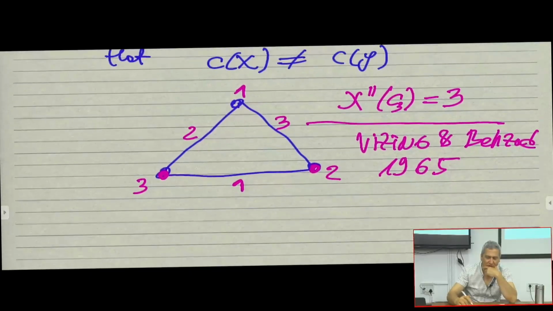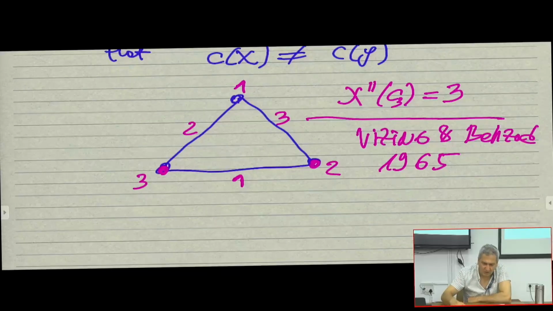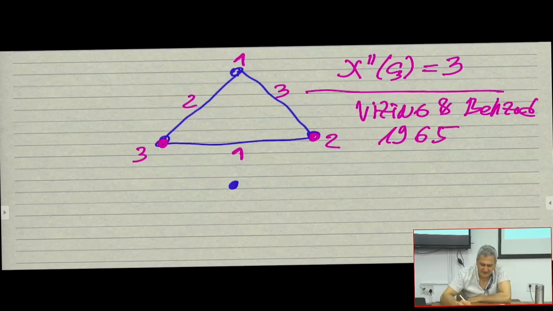So what we do here, we make a new graph. We take the original three vertices, and now for every edge we put a new vertex.